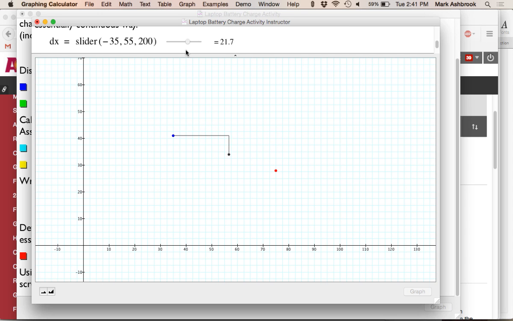So this one is going to be y equals whatever. So what is dx? Dx is the change from what?